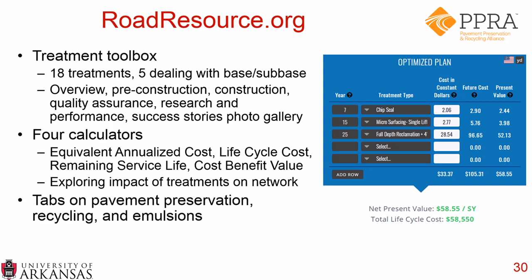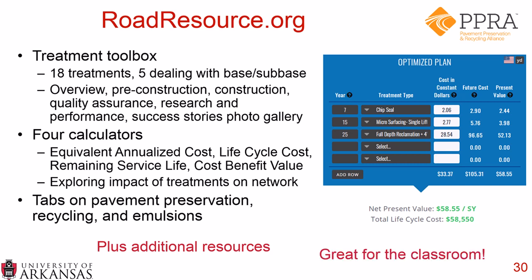It also has tabs on pavement preservation, which goes into a lot of what the International Slurry Surfacing Association, or ISSA, does. It has a tab on recycling, which goes into what ARRA does, and it has a tab on emulsion, which goes into what ABMA, the Asphalt Emulsion Manufacturers Association, does. And there are additional resources. And if you are an academic, this is great for the classroom.